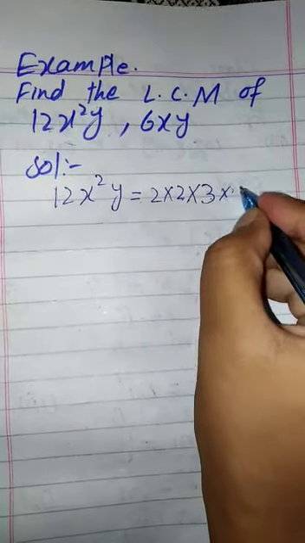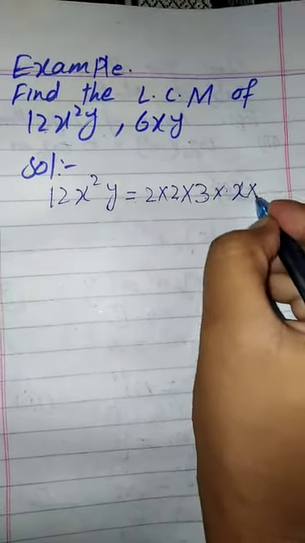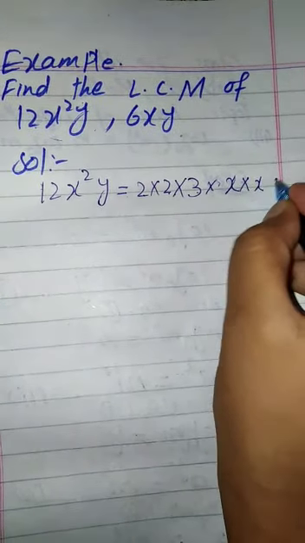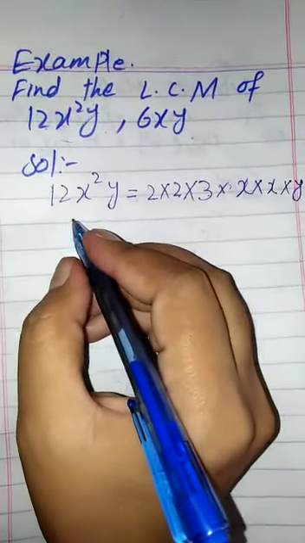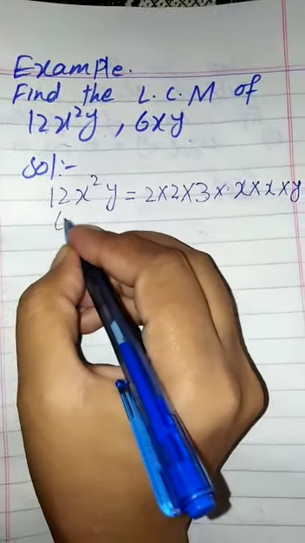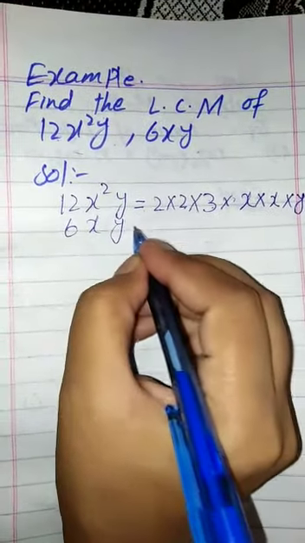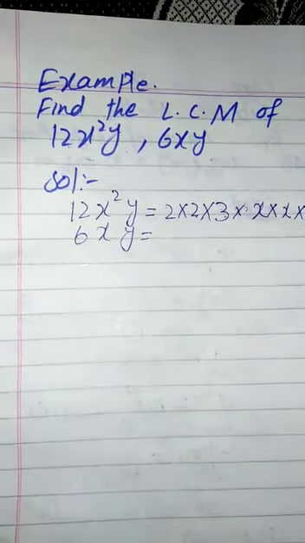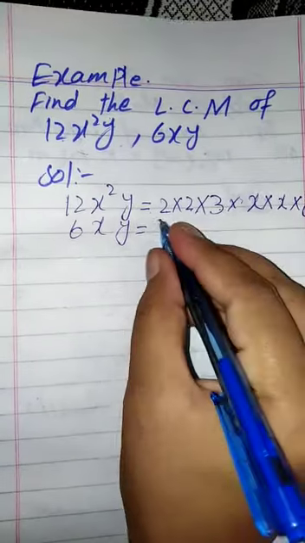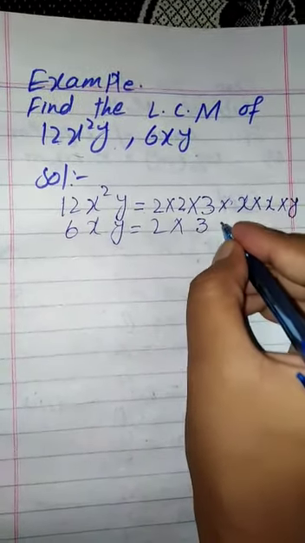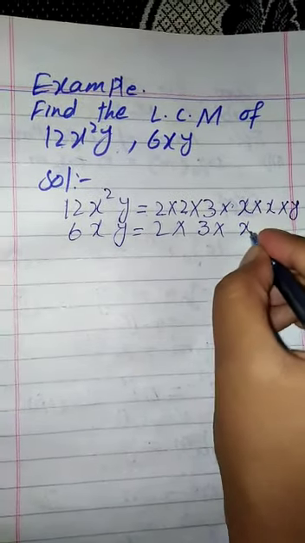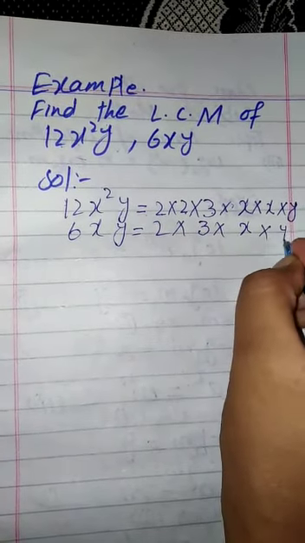Multiply by x multiply by x multiply by y. The next is 6xy. What are the factors of 6? The factors of 6 are 2 multiply by 3 multiply by x multiply by y.